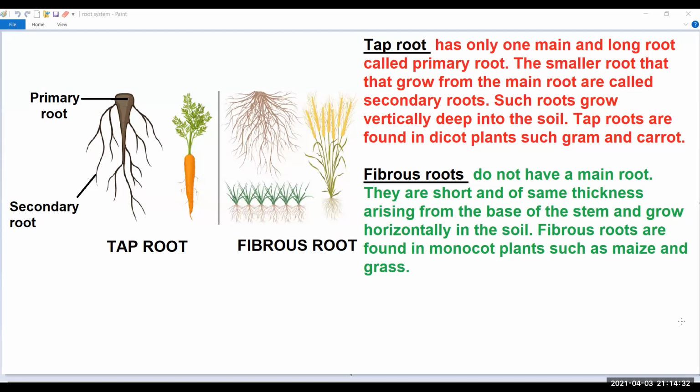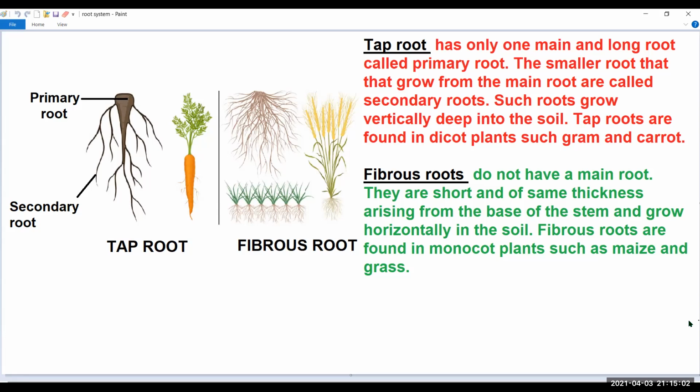The smaller roots that grow from the main root are called secondary roots. Such roots grow vertically deep into the soil. Taproots are found in dicot plants such as gram, carrot, and tea.